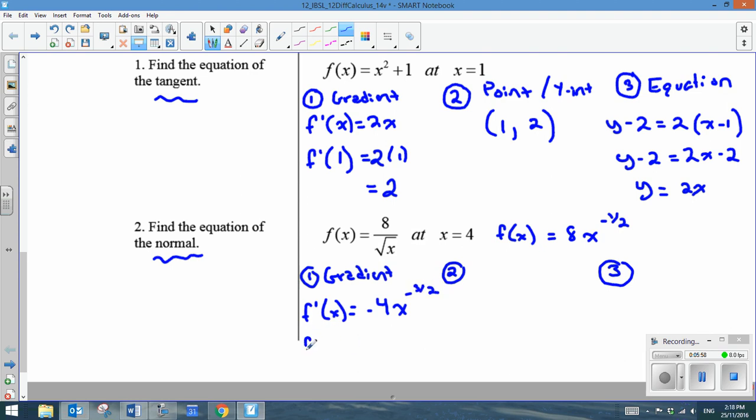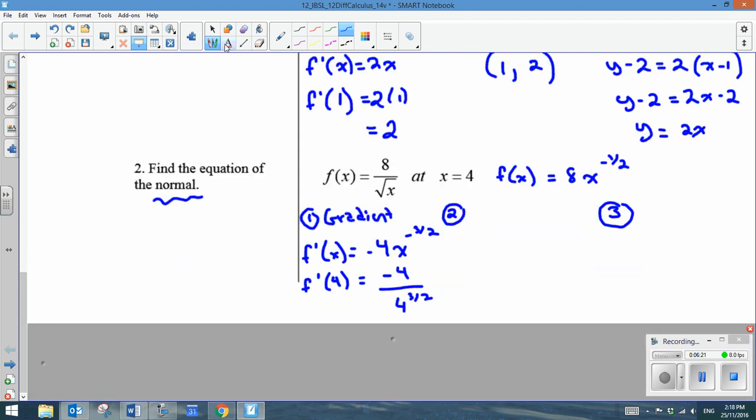So if I substitute in 4, I really have negative 4 divided by 4 raised to the 3/2. So 3/2 as a power, remember that's the square root of 4 cubed, or 4 cubed and then square rooted. So let's go ahead and figure out what that is.